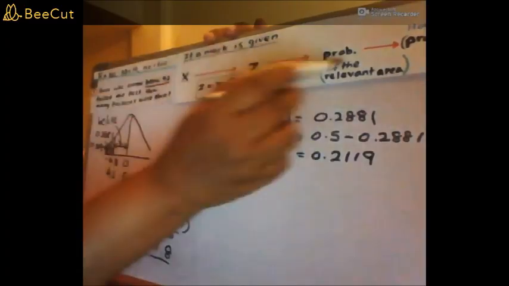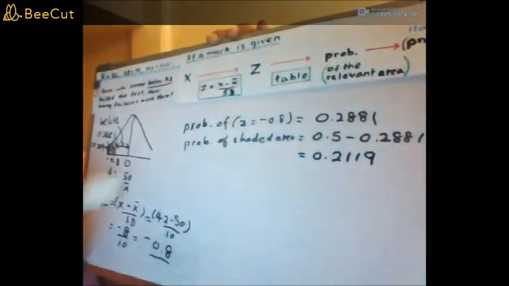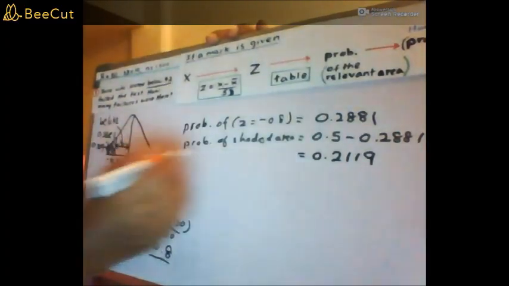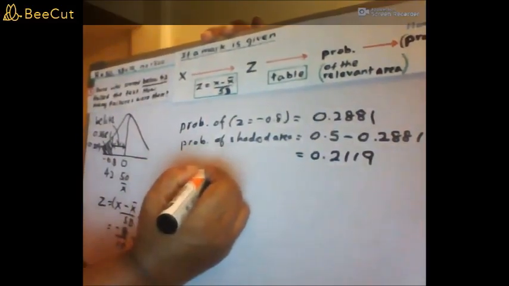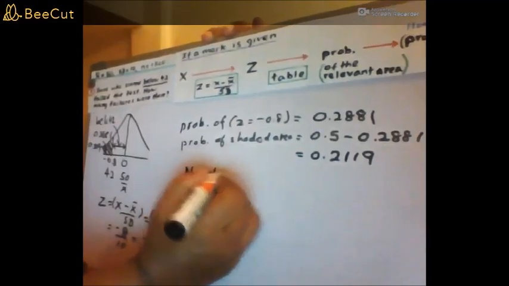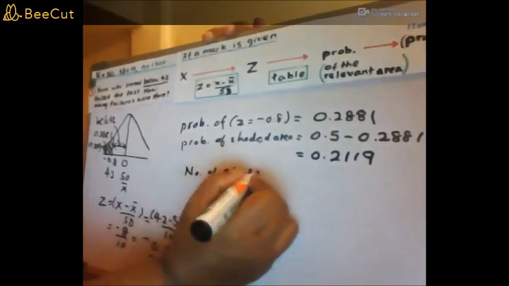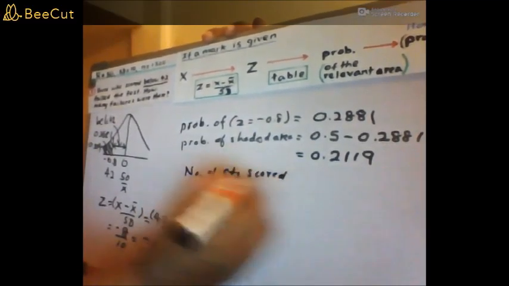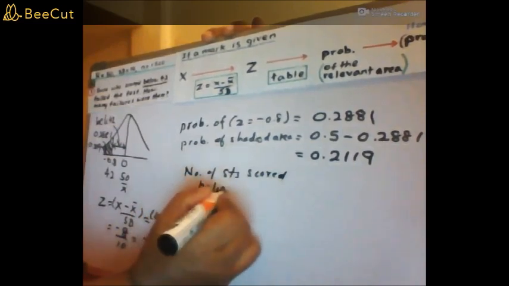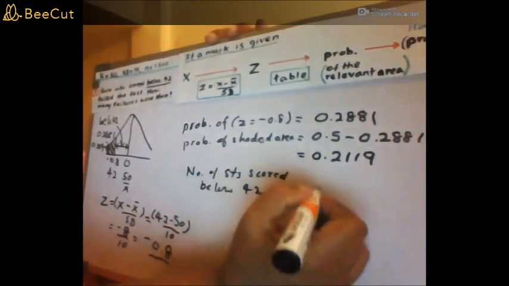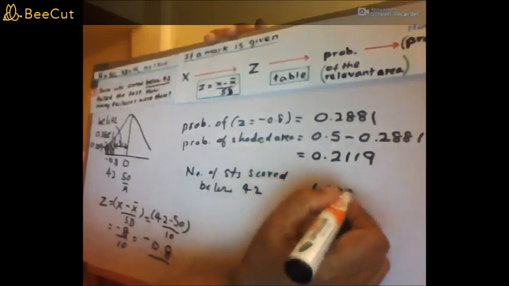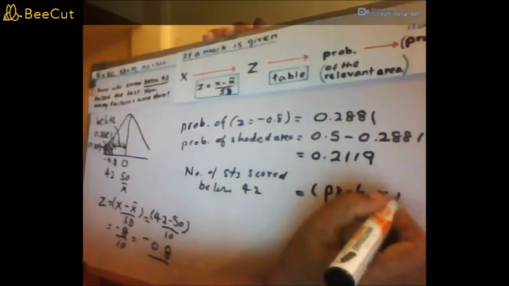Now what? We have found the probability of the relevant area. Then we need to find the number of students who scored below 42. Write this: probability into n.